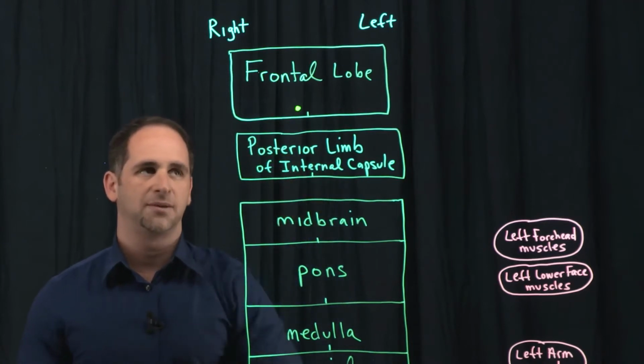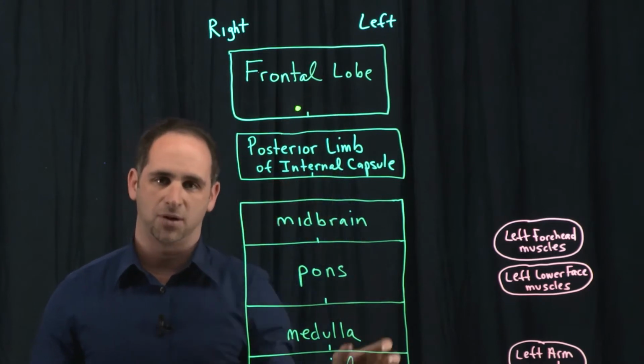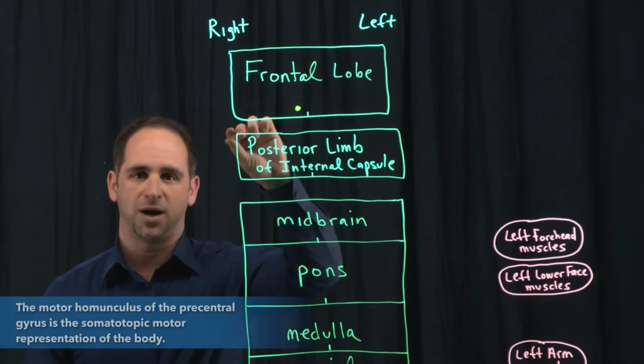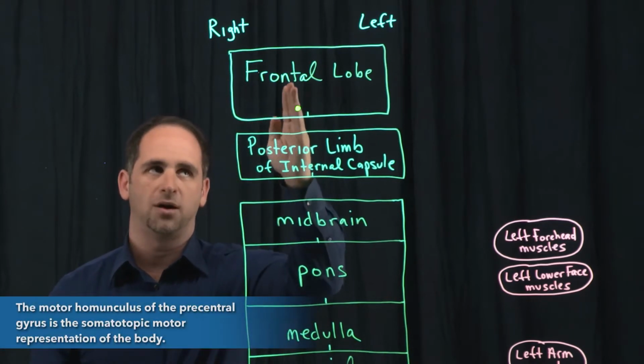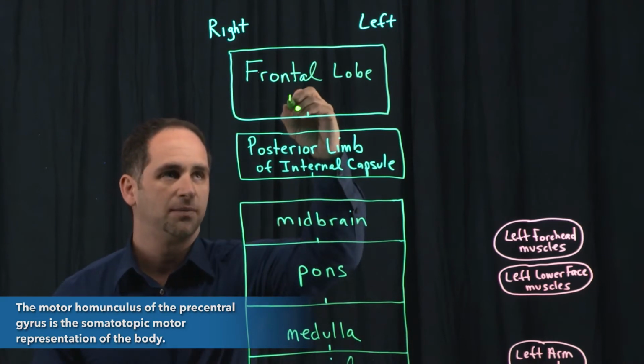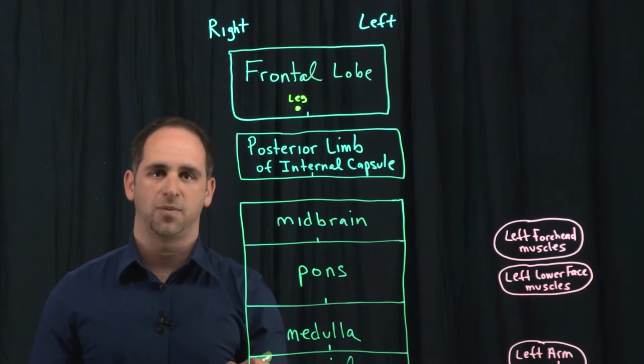It actually is in the medial part of the frontal lobe because there's a map called the motor homunculus which has the different regions of the body. And the most medial part of the map is the lower extremities. So I'm going to write in here leg. Okay, so there's the cell body for the upper motor neuron.